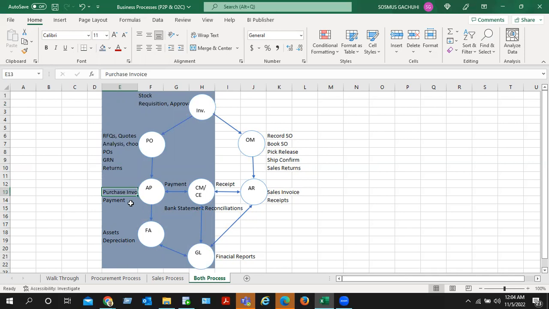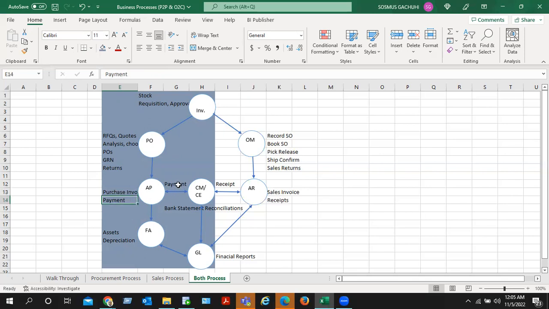Then the information that the goods have been supplied and received will be communicated to the accounts payable application or department. From that department, they will create a purchase invoice or supplier invoice, and through this invoice, they will do payment.